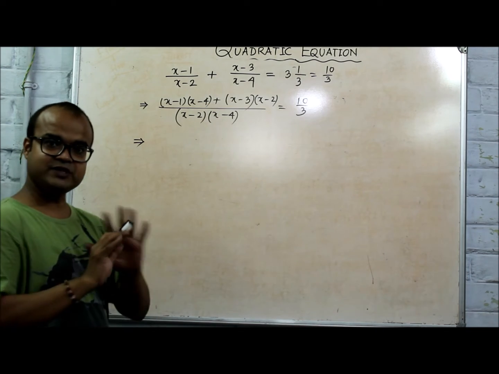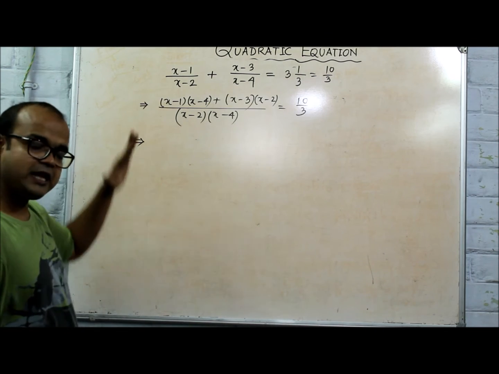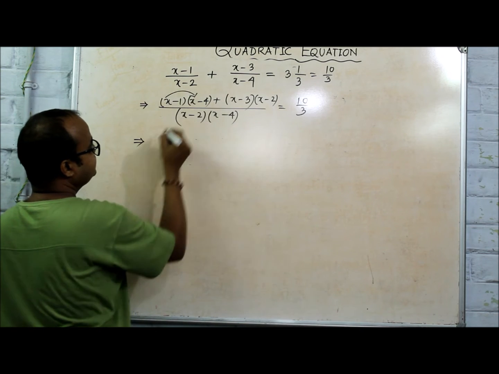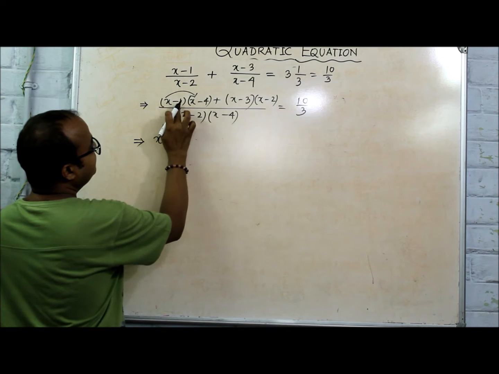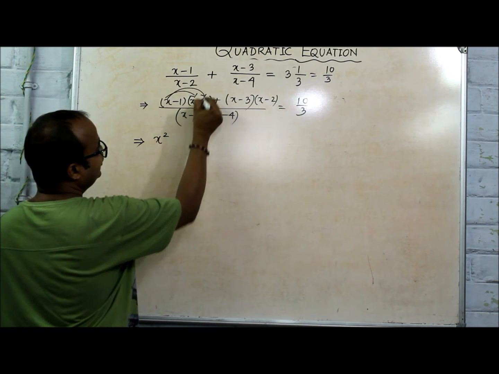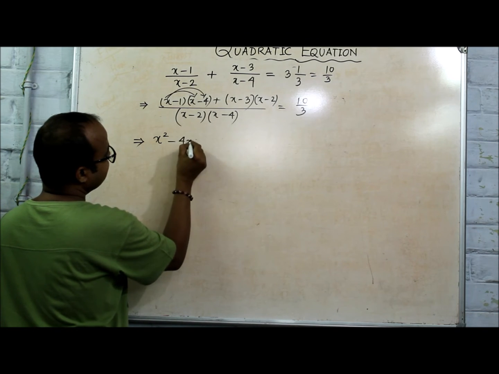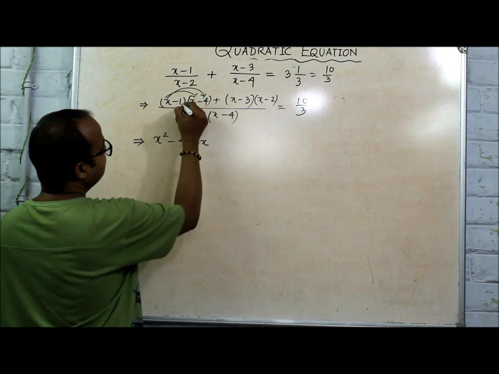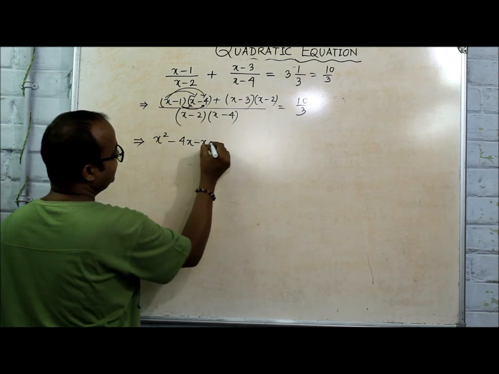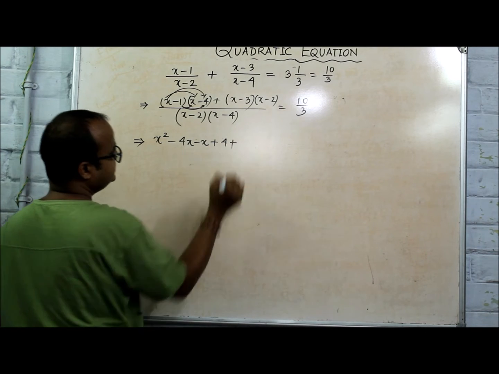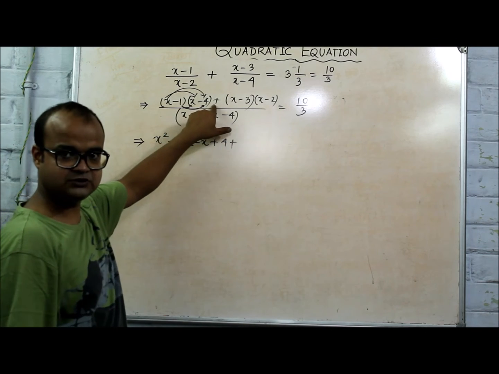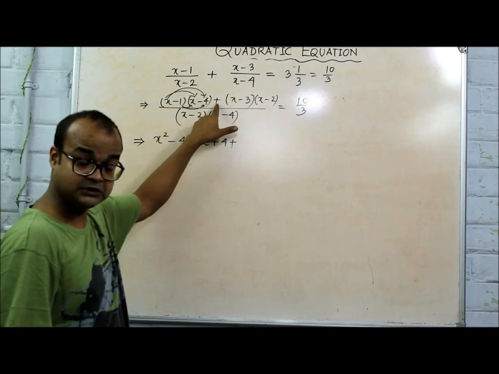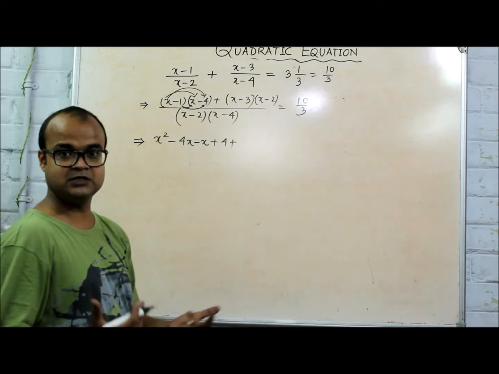Now first we simplify numerator as well as denominator. So x into x, x square minus 4x minus x plus 4. The outside sign is plus, so no need to worry about the sign changes. If the outside sign is plus, all the signs remain the same.